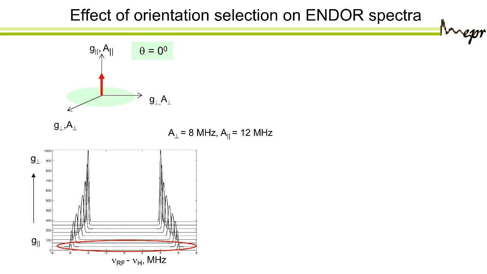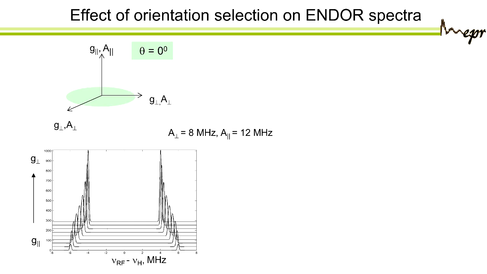It has a perpendicular of 8 megahertz and a parallel of 12 megahertz. So when I put my field on the g perpendicular, I will measure the 8. And in between, in this set of orientation selections, when you have coinciding tensors, we always have narrow lines. Okay, so this is an easy one.